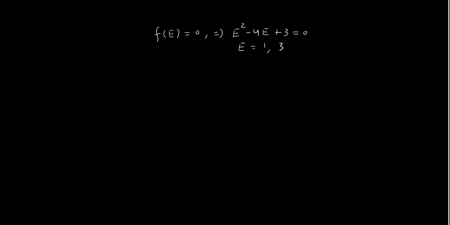So what is the complementary function? As in a previous example, the complementary function of this difference equation is C1 1 to the power x plus C2 3 to the power x.